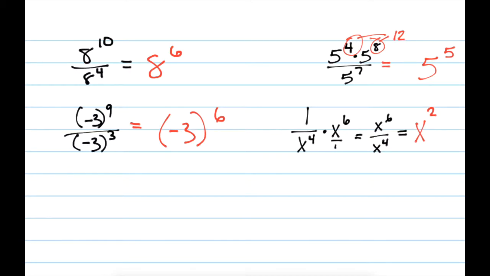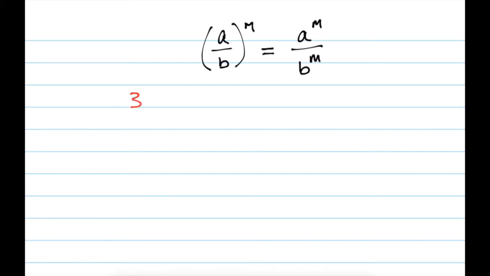The next property we want to look at is the power of a quotient property. That's where we start with a quotient, like a over b, and we raise it to a power, like m. And it's real simple. We raise the top to the power m, and we raise the bottom to the power m.